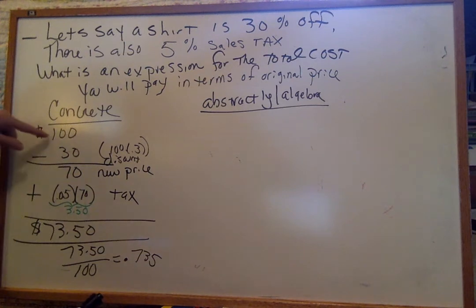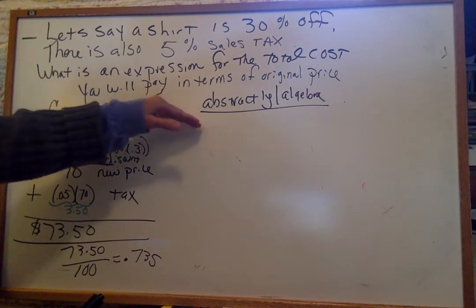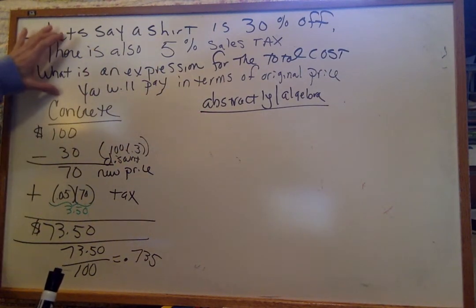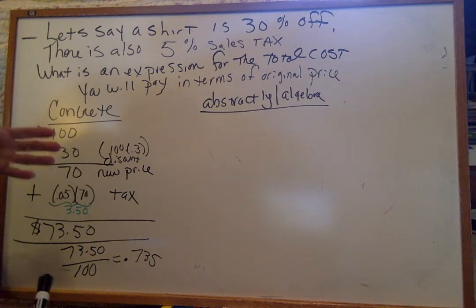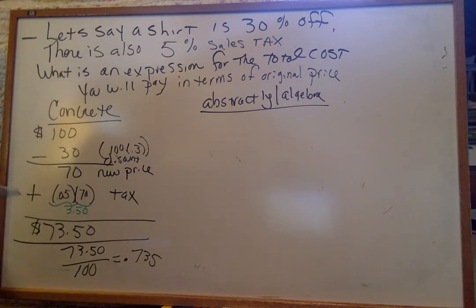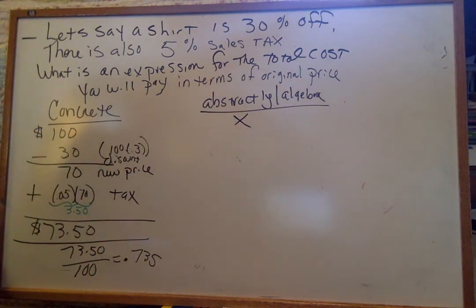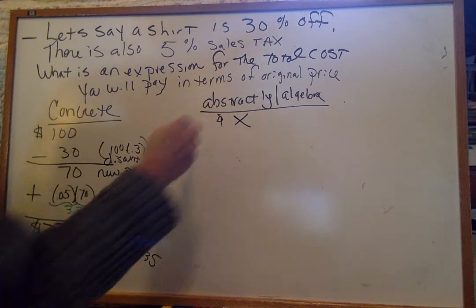See, this concrete only works for $100. We want to set up a formula so then anyone can use our formula with this scenario, right, to figure out what they're going to pay. All right, so I prefer x over any other letter, of course. So our shirt is x dollars.